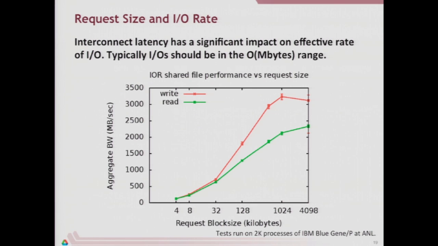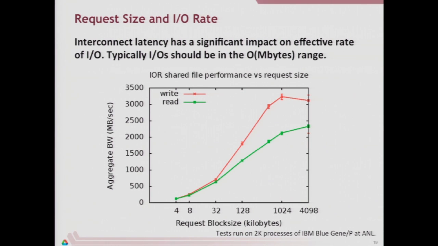And so when we think about this interconnect latency as part of this model, I want you to be thinking, if I do lots of small I/Os, I'm going to be down here, and if I can group things into larger I/Os, the better I can do that, I'm going to be better off. I'm going to be up on this higher end of this curve. As is the case here, order megabytes is sort of the range you really want to be in, and that's still true today.